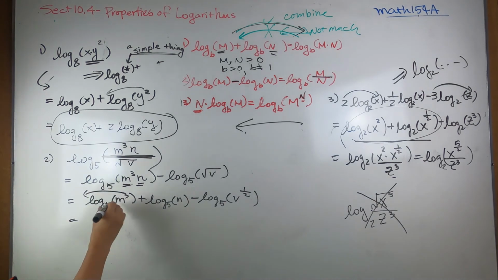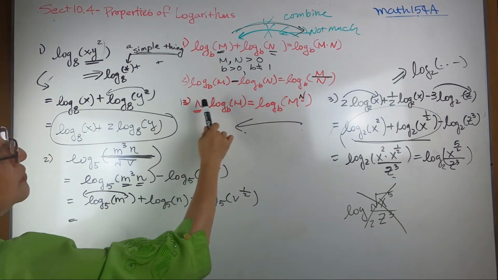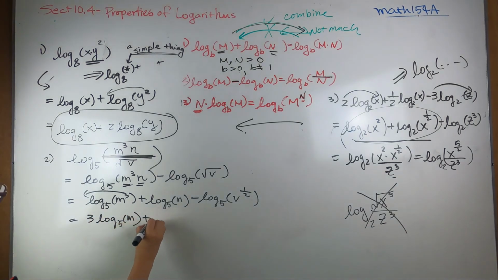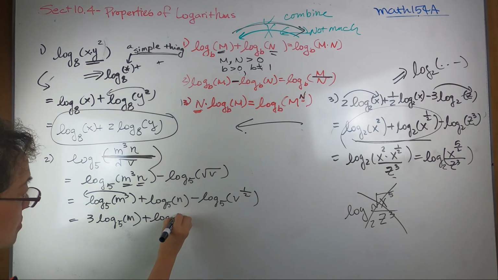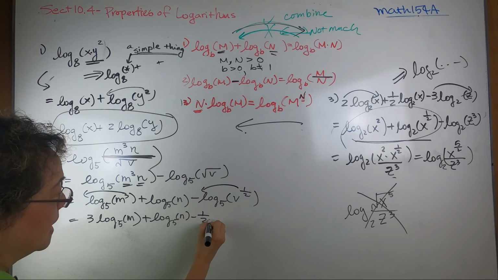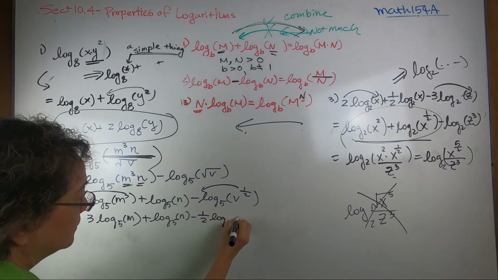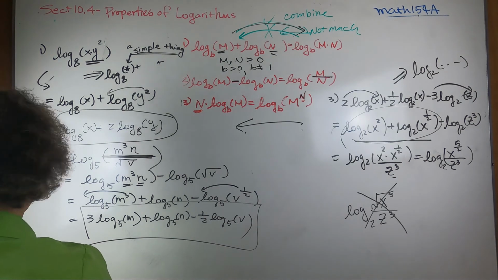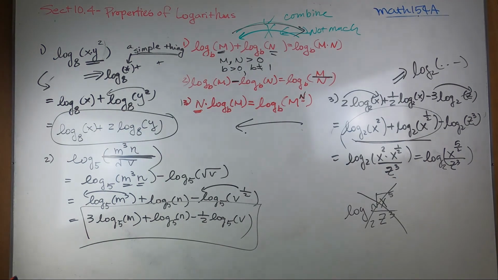So you move the 3, the power, to outside, will be 3 log 5 m plus log 5 n. This is the simplest one for this one. This one you move outside, become half log 5 v, right? So that would be the answer expected from you.